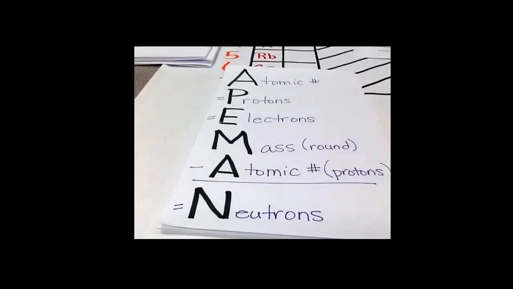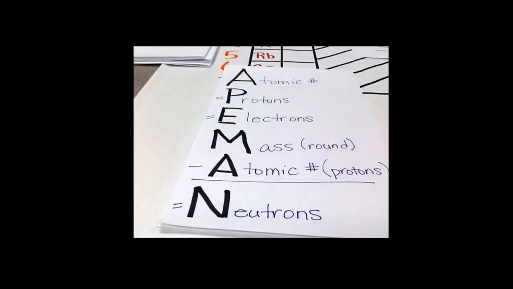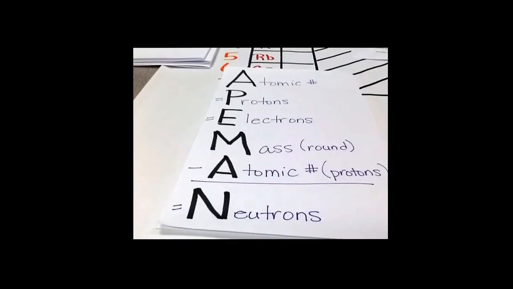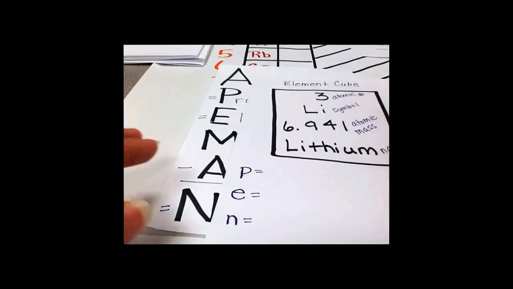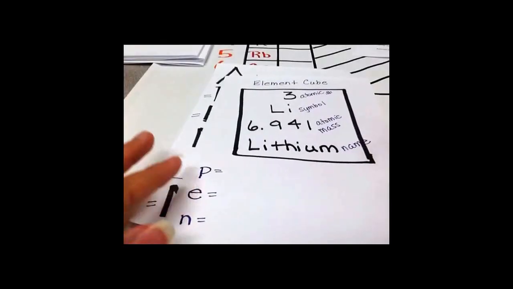Okay, now that we have our acronym, atomic number equals protons equals electrons, and then mass minus atomic number equals neutrons, let's look at our element cube and figure out how many protons, electrons, and neutrons we have. So we're going to take the same element cube we looked at before for lithium.